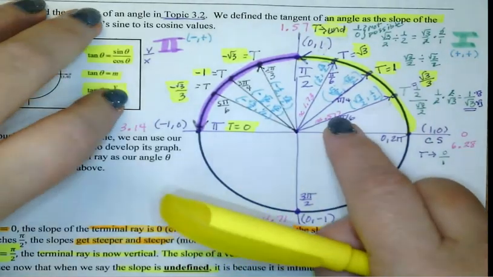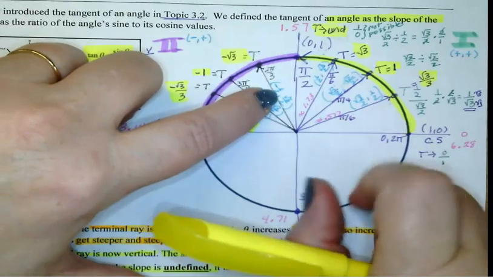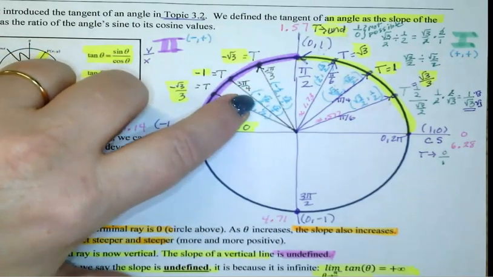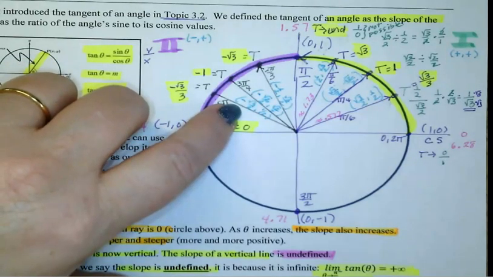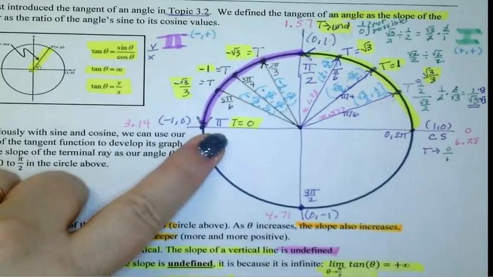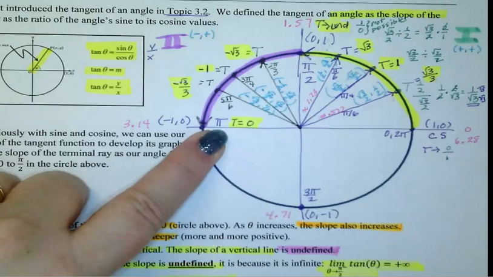So we know this one is starting up here, so it's actually approximately negative 1.73, and then negative 1, and then negative 0.577. So we can see as those values are moving in the negative direction, those numbers are getting smaller, and then they're actually approaching a tangent value of 0.